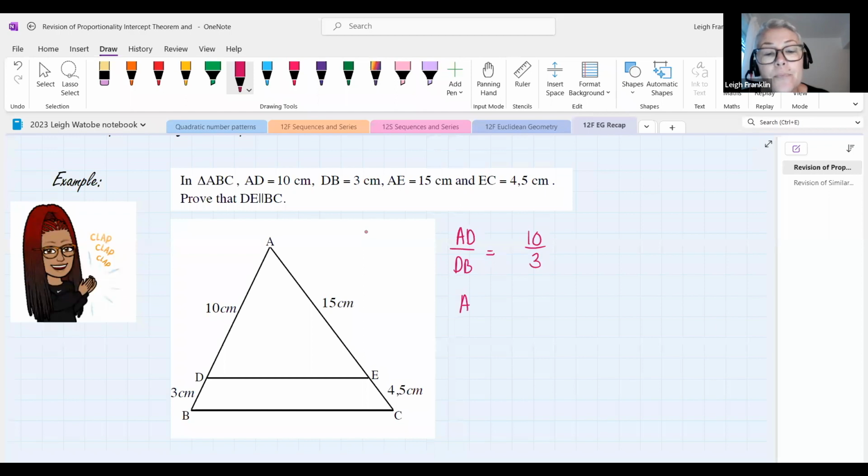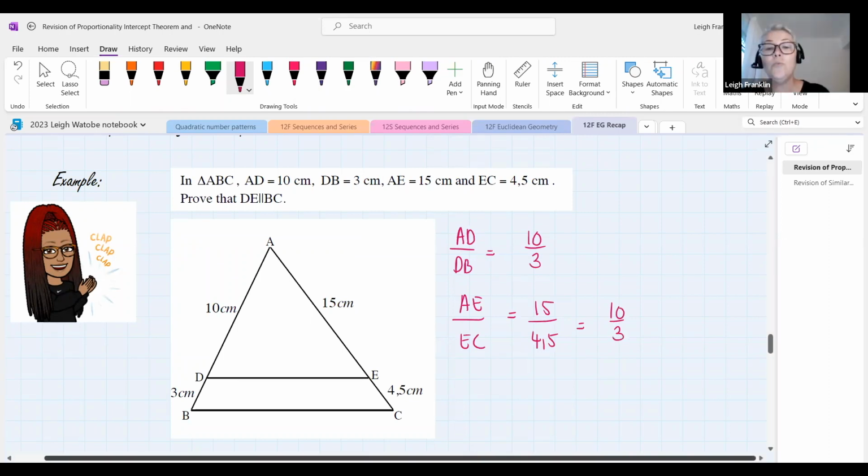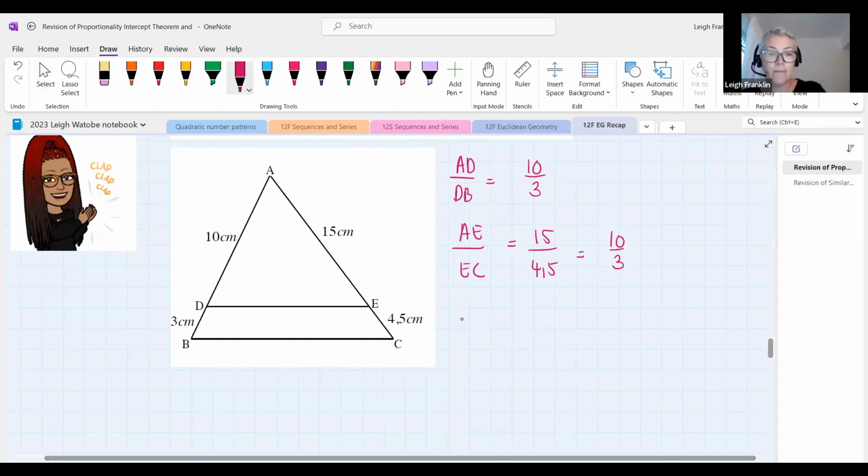So AE over EC is equal to 15 over 4.5. Now, if you put 15 over 4.5 into your calculator, it tells you that it is 10 over 3. So now what we have established is that they are equal to the same thing.